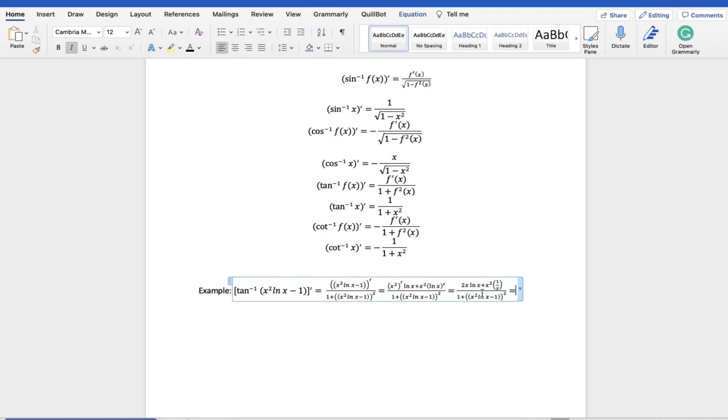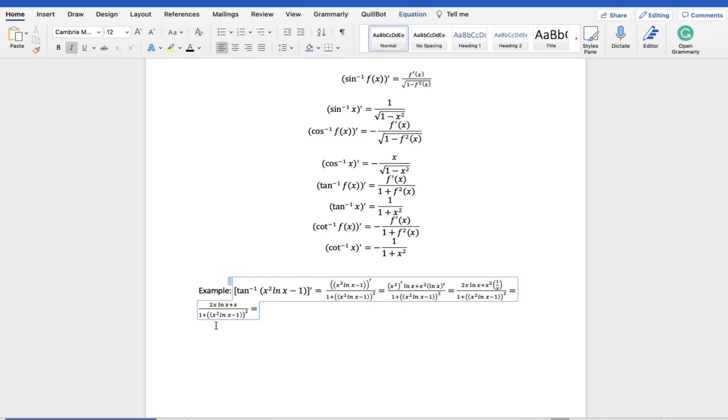So in the numerator, we can simplify further, and we'll have 2x ln x plus x squared divided by x, which is just x, divided by 1 plus the square, yes, of the original function.